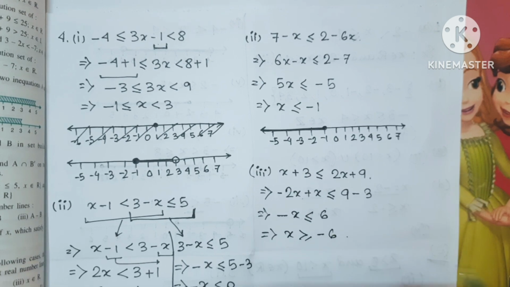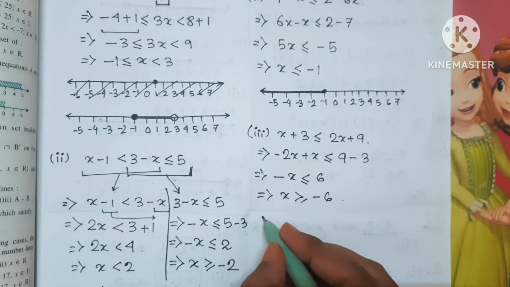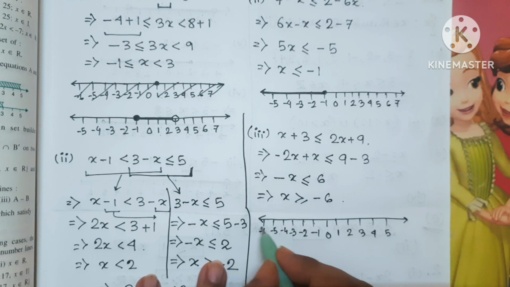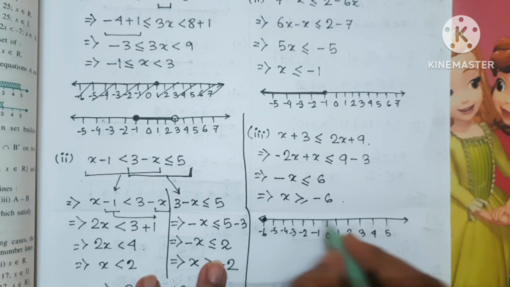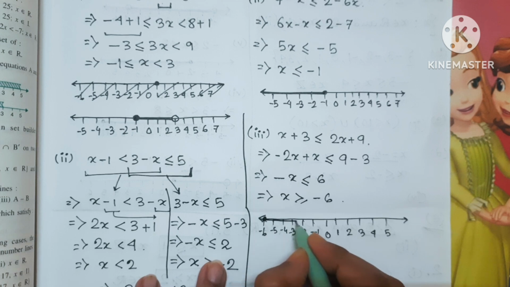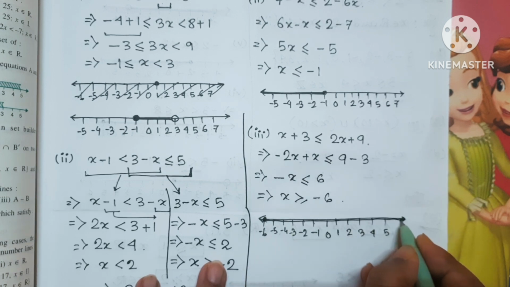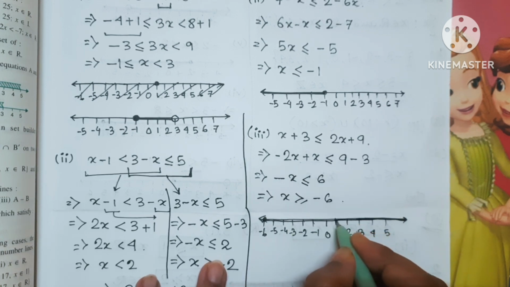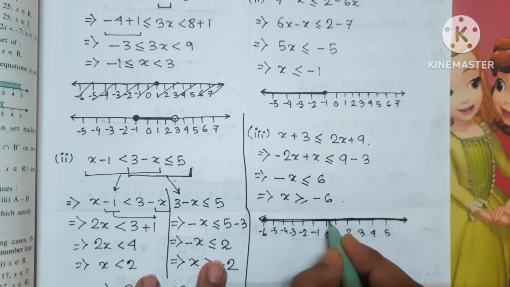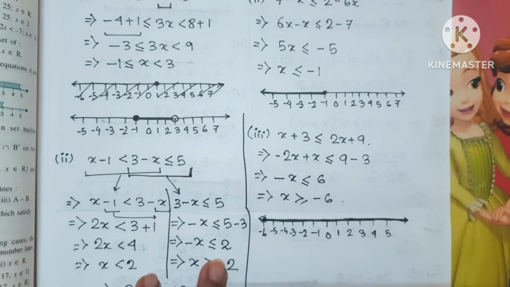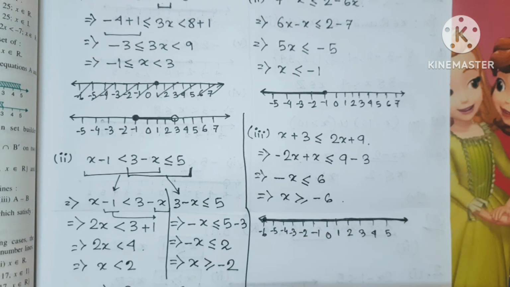So if you change it, it will be like this. So if you draw, see x equal to minus 6, that means this point, and x is greater than, that means this part. So this entire part will be the answer.